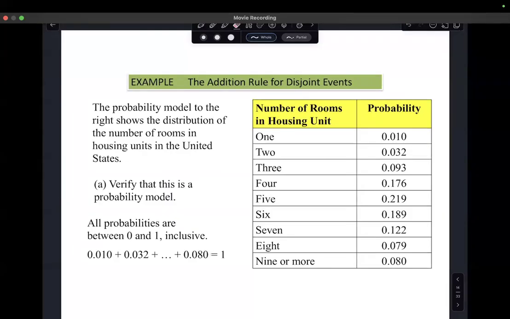All right. So we have a probability model right here for the number of rooms in a housing unit. And so they just counted up how many there were in each housing unit.